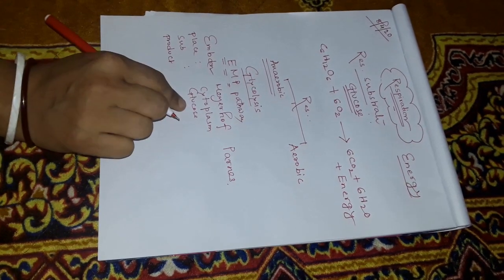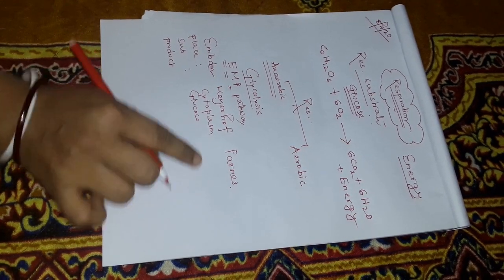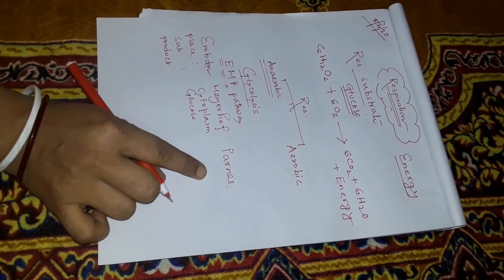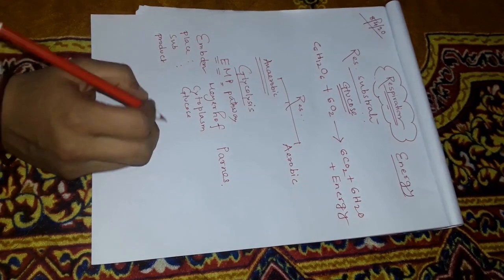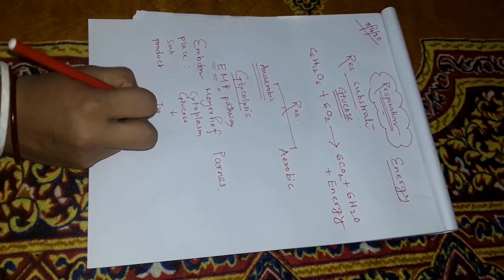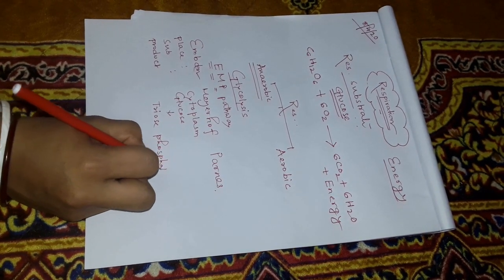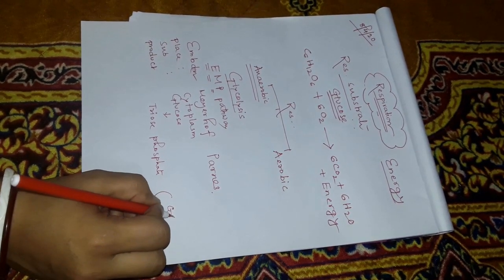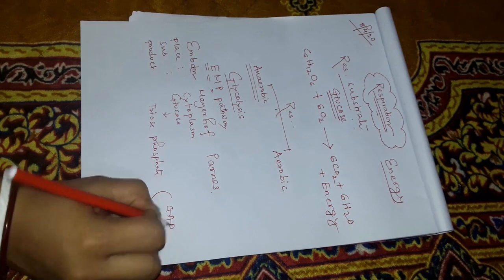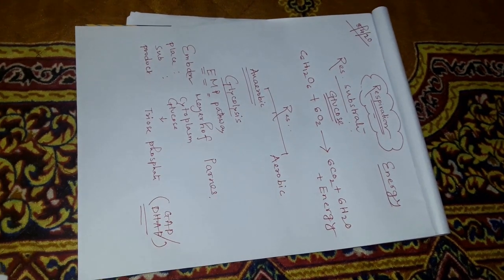This glucose is cleaved to form glucose 6-phosphate, then fructose 6-phosphate, then fructose 1,6-bisphosphate, then 2 triose phosphates. This triose phosphate is either glyceraldehyde 3-phosphate or dihydroxyacetone phosphate.